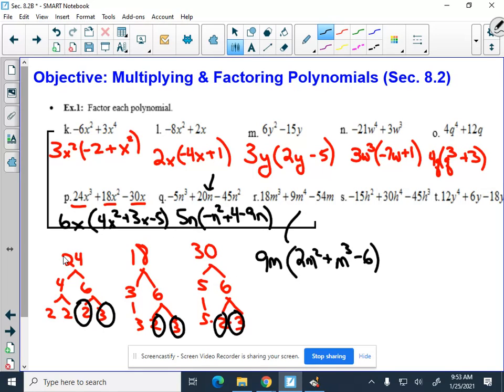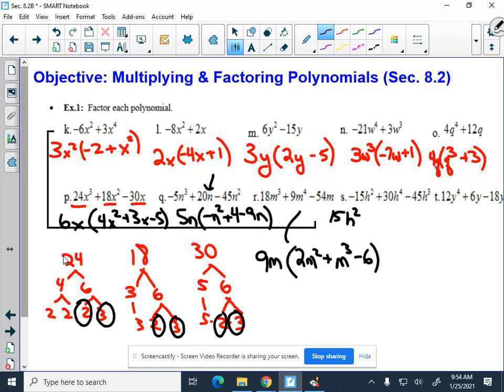You can't take out more than the smallest, but look what the smallest is in part S. I'll give you the greatest common factor in about 10 seconds. H squared. Is that what you came up with?